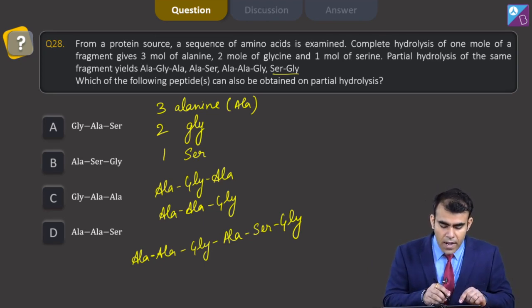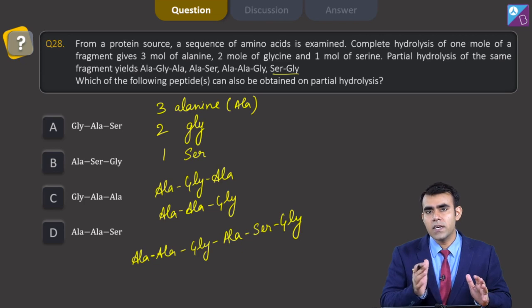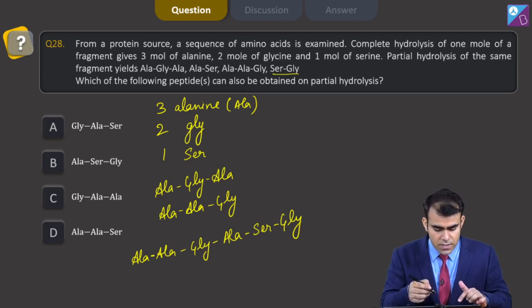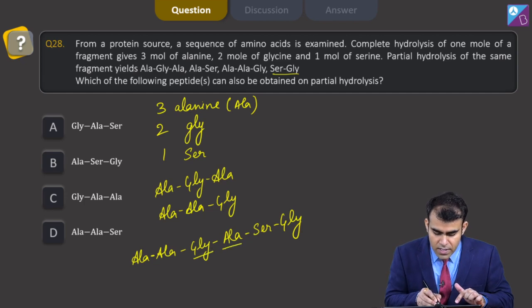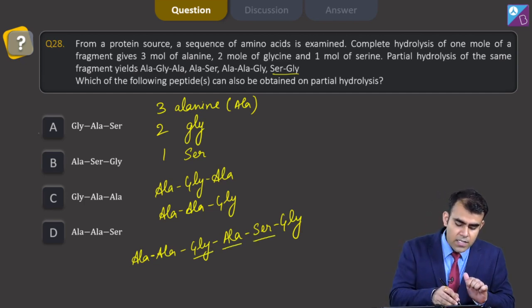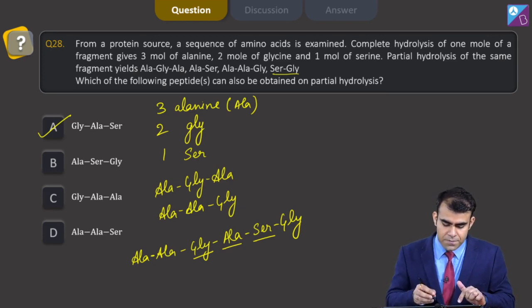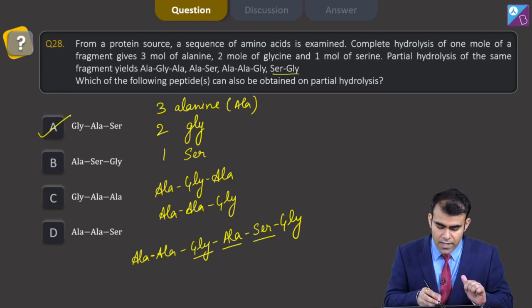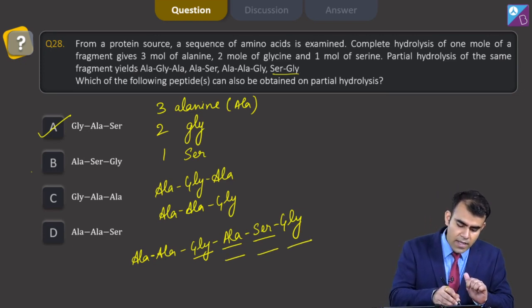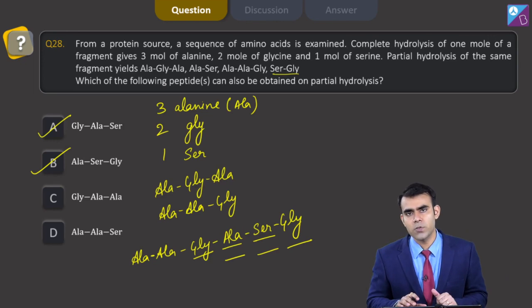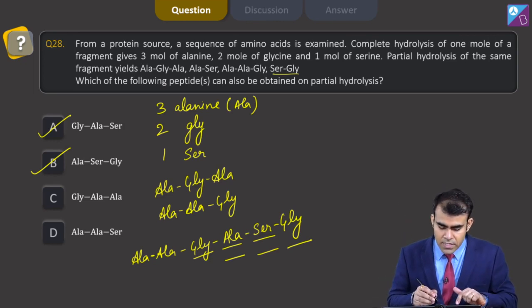Now let's see what other fragments we can obtain from this. Gly alanine serine, glycine, alanine, serine. Yes, we can obtain this unit. Second is alanine, serine, glycine. Yes, we can obtain this unit also. Then glycine, alanine, alanine.